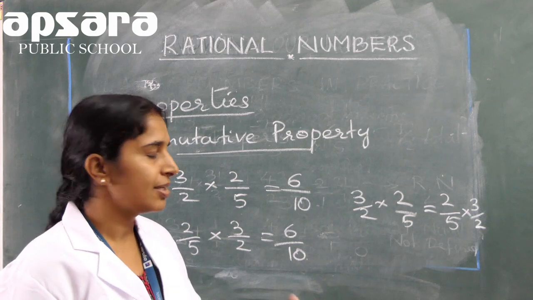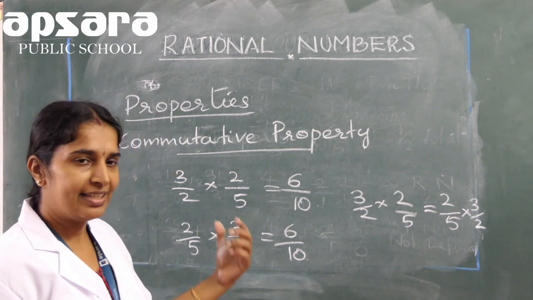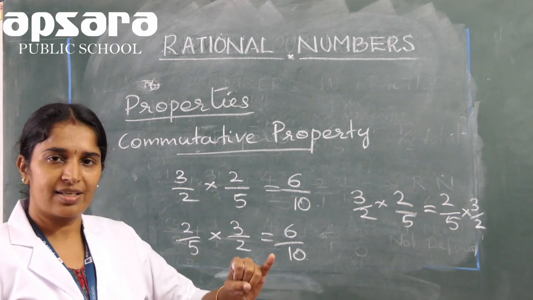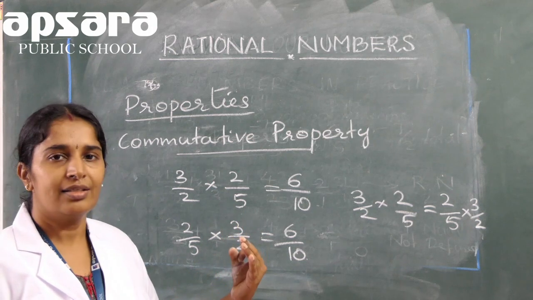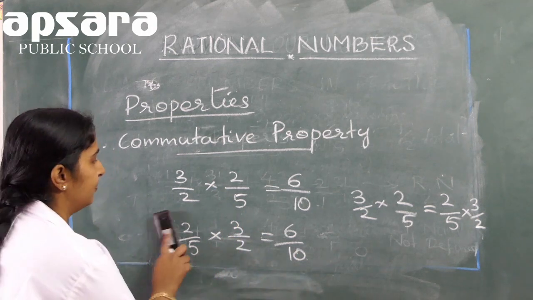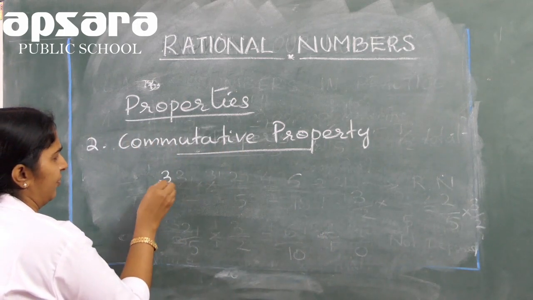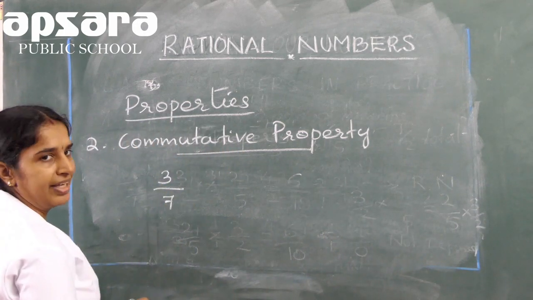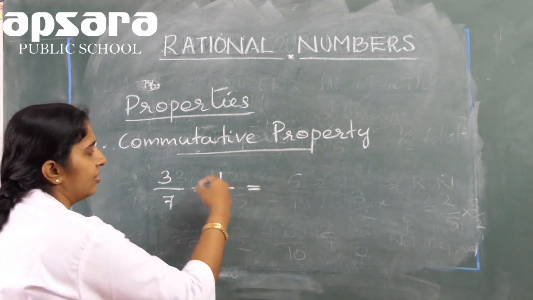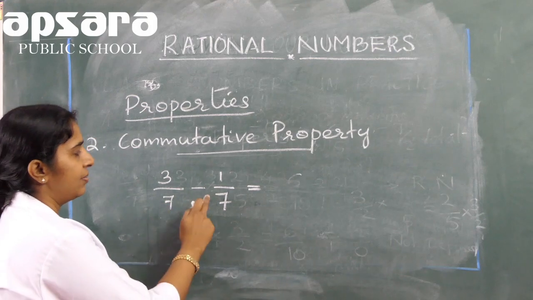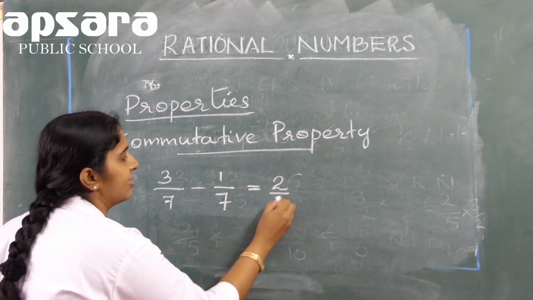Now what about subtraction? Will it be commutative? Let us check. Okay. So addition is commutative, multiplication is commutative. Now let us take the case of subtraction. 3 by 7 minus 1 by 7. What will be the answer? 2 by 7.